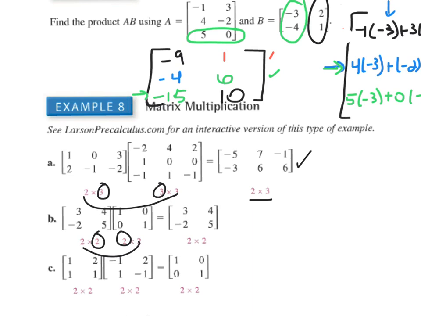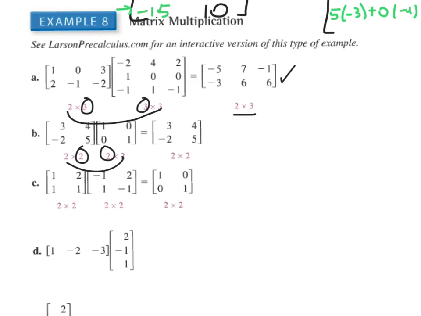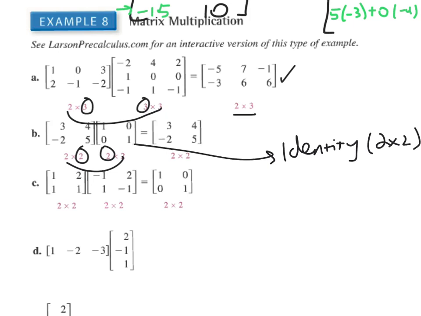The other thing I want to point out on this question is that 1001 is actually the identity matrix for a 2 by 2. What that means is you have 1x, 0y, 0x, 1y. So it's literally like you're just multiplying by 1, because notice you get the same matrix back.